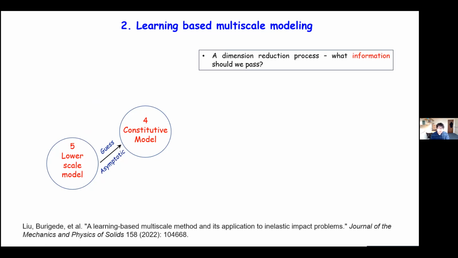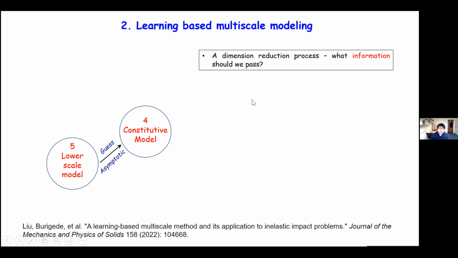So when we are moving from a low length scale model to a high length scale model, do we really need to pass all the information that we have on a low length scale, or is it sufficient that we only pass some of it, or a part of it? And that basically involves a dimension reduction procedure.